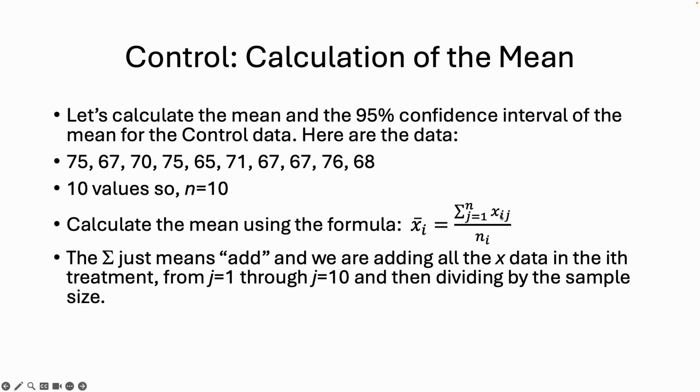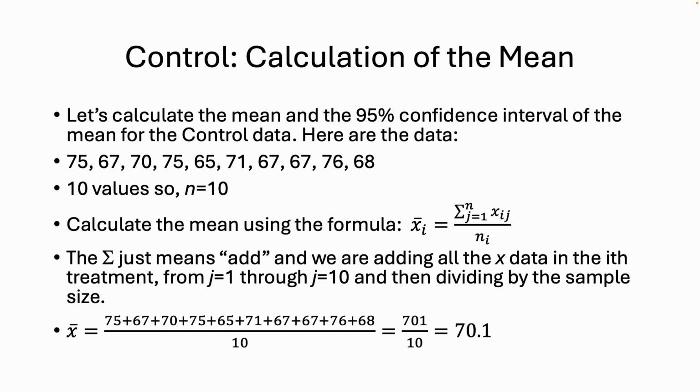The ith treatment in this case is the control treatment, but we have other treatments. So these subscripts just help us keep track of which treatment we're in, given by i, and which value within that treatment we're working with at any given moment.